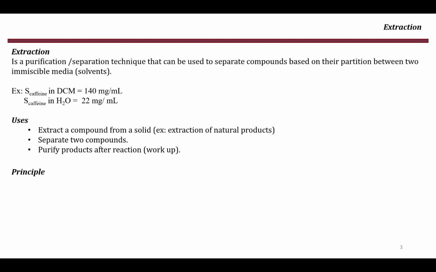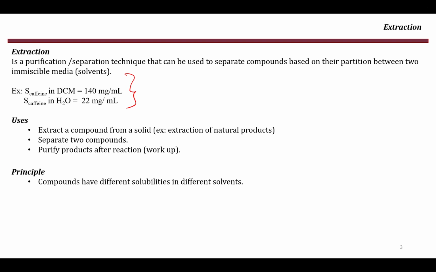So what is the principle that governs extraction? Extraction is based on the fact that compounds have different solubilities in different solvents, and this is what we talked about when I discussed the solubility of caffeine in dichloromethane and its solubility in water.